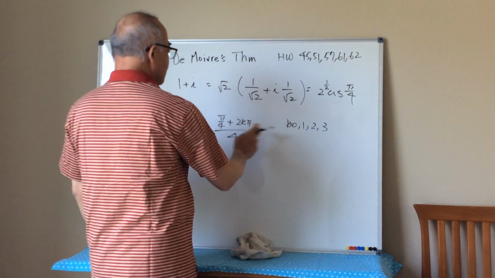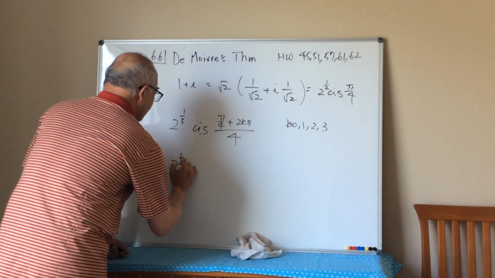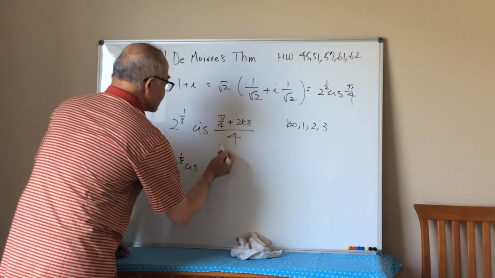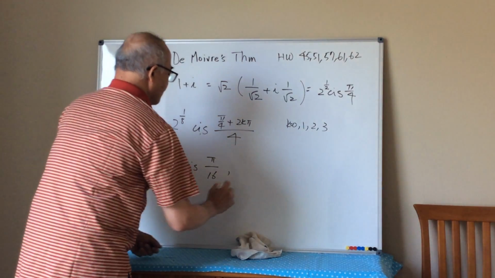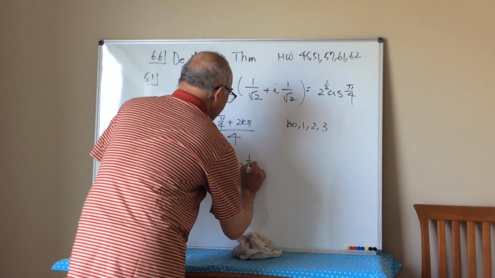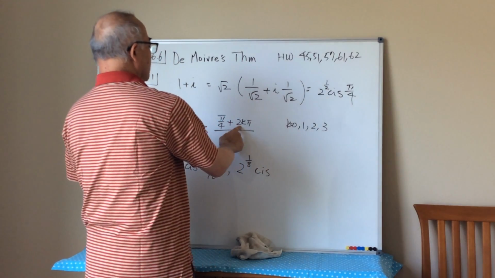When k is equal to 0, I get 2 to the 1/8 cis pi over 16. The second one is when k is equal to 1. When k is equal to 1, what do I get?